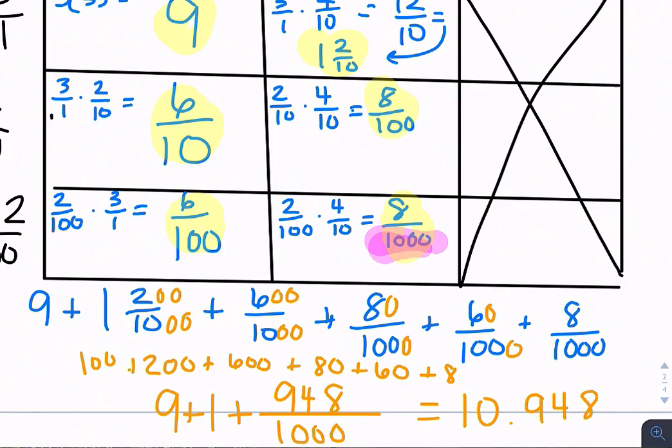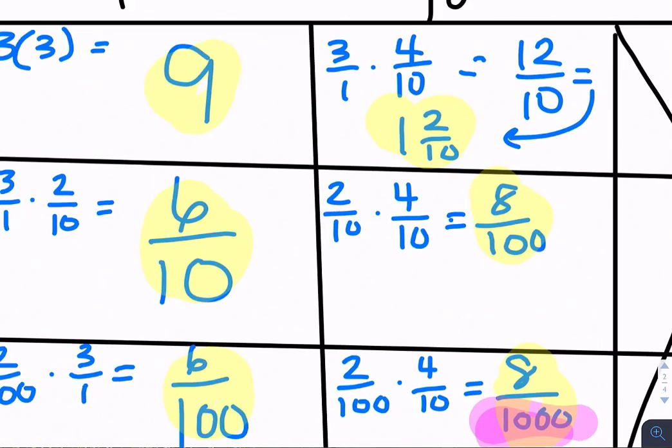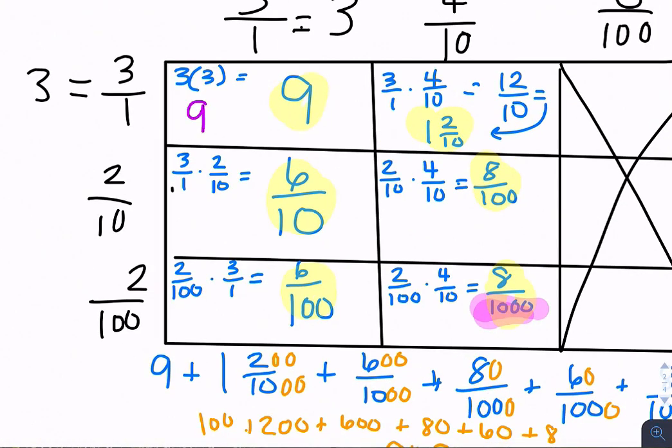You could also have done it this way and changed them into decimals in your generic rectangle. So this would still be 9. 6/10 is really 0.6. 1 2/10 would be 1.2. 8/100 would be 0.08, and 8/1000 would be 0.008.